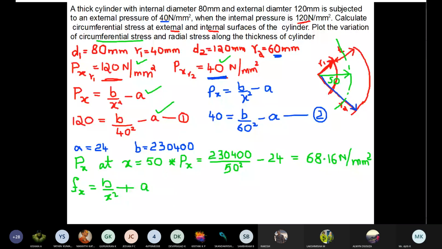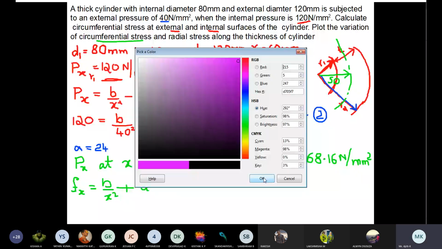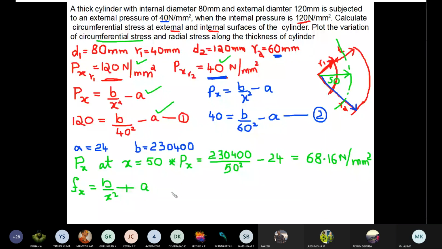Using this, once again you have to find fx at r1, fx at outer radius, and fx at mean radius rm. Let me calculate fx at x is equal to r1.